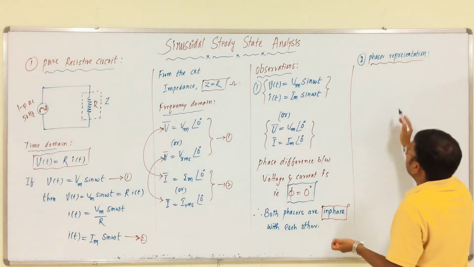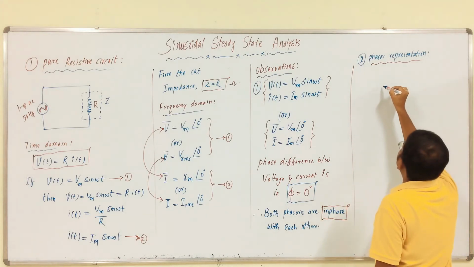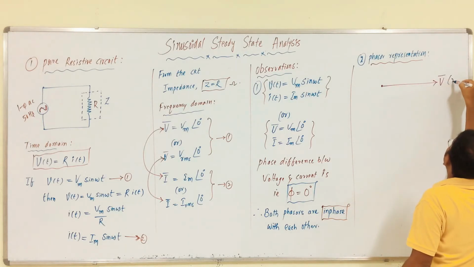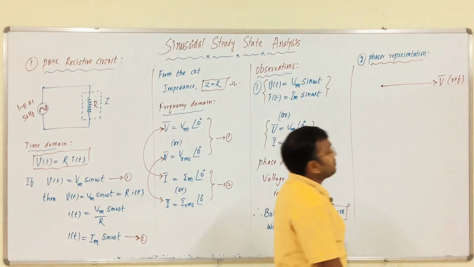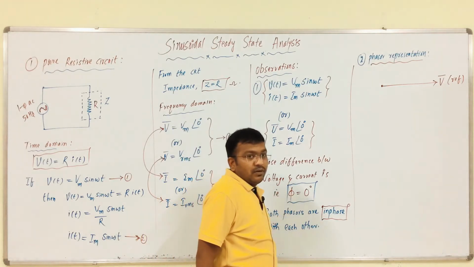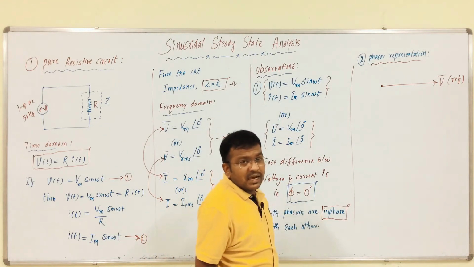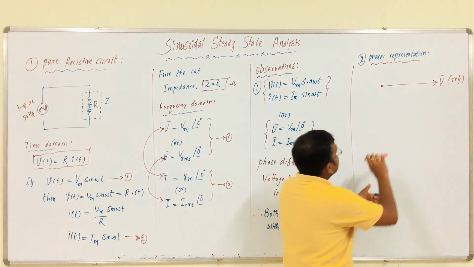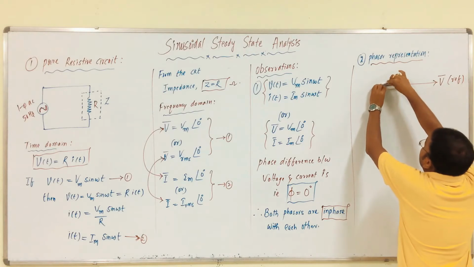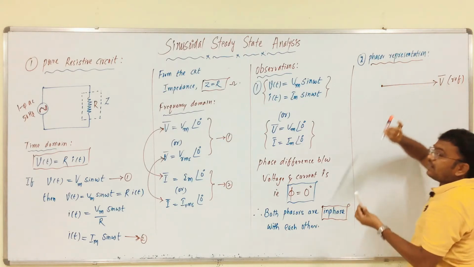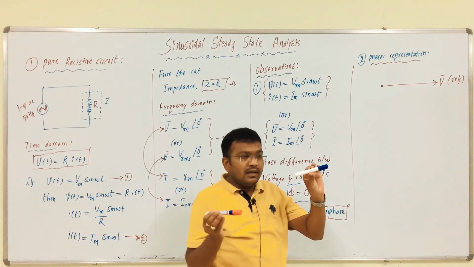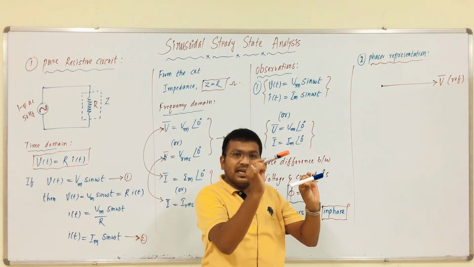In phase means what? For example, if I consider voltage as reference, here the phase angle between voltage and current is 0. So, there is no angle between voltage and current. Obviously, for example, this is the voltage phasor, like that the current phasor should be in phase with this voltage. There is no phase angle between voltage and current phasor.